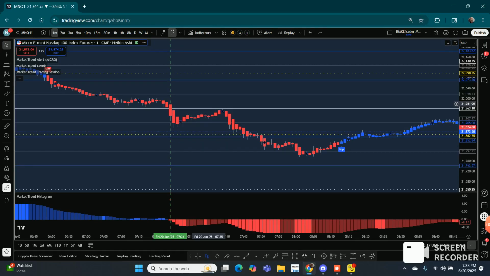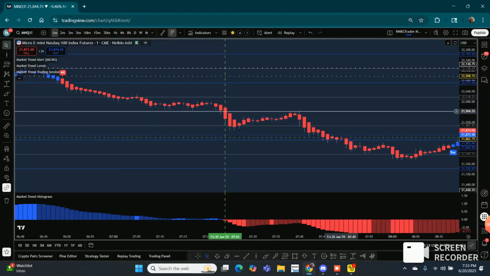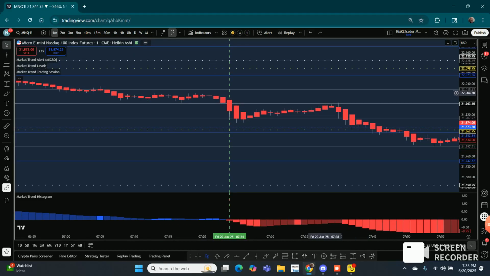Now, keep in mind, market trend system does not repaint. And I say that because each indicator is designed to give an alert at the close of the candle. All right, so right here is our first agreement on this candle here. I just kind of move the green line one to the side so you can see where we're at.